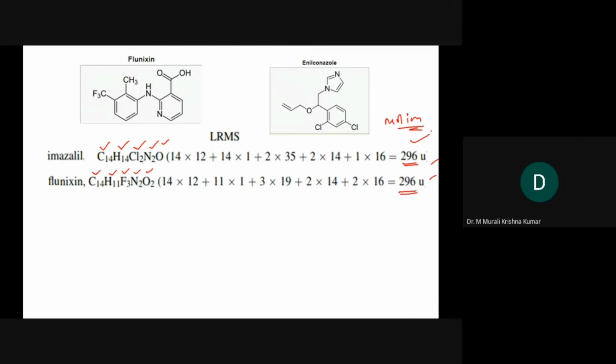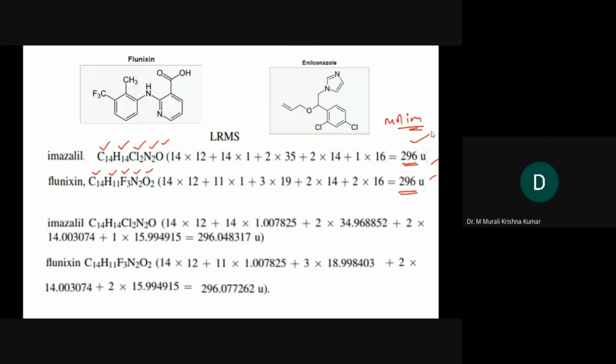There comes the HRMS, where we see the molecular weight up to the 4th or 5th digit, whatever highest digit is available with us. So 14 carbons, 14 hydrogens, 2 chlorines, 2 nitrogens and 1 oxygen.